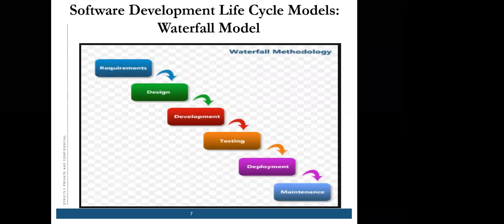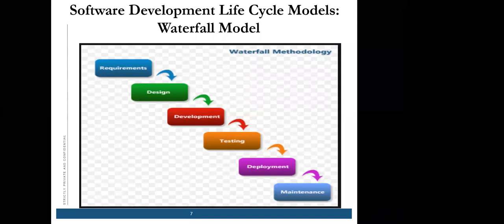And every phase has specific deliverables. It gives high visibility to the project manager and the client about the progress of how the product is going to progress. So these are all the advantages.